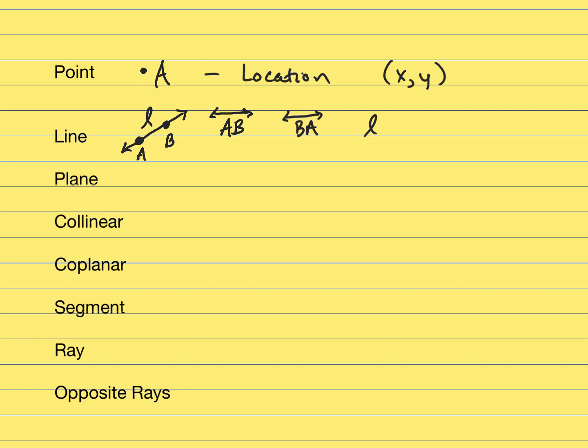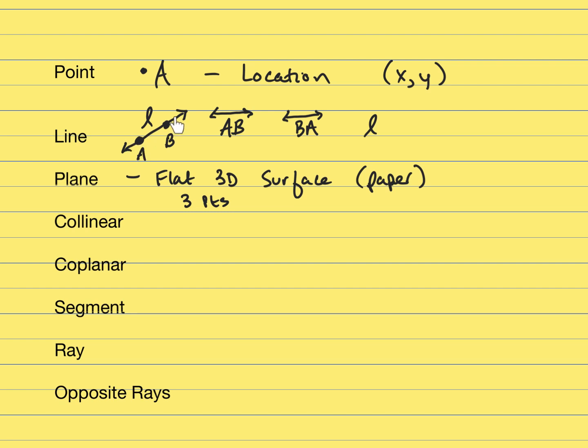So that's a line. It goes on forever in both directions, and we name it either with a lowercase letter or with points that are on it. Now, a plane is kind of hard to draw. This is a flat, two-dimensional surface. Picture a giant piece of paper, or tag board. It goes on in every direction. This requires 3 points, because 2 points only make a line.